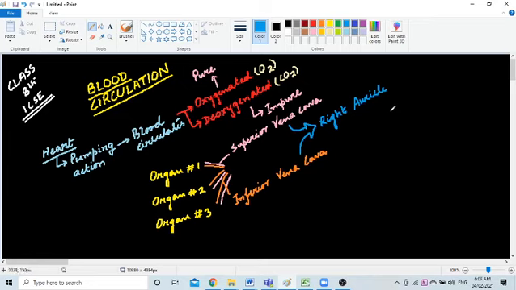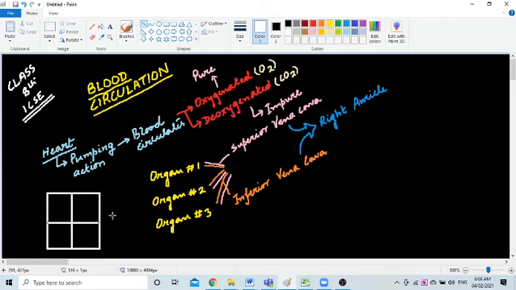Fine. So before I go ahead, let me give you a block diagram of our heart also, so that it will be easy for you to see where this right auricle and ventricle come from. So I'm just making a block diagram here. Heart, which is actually a four-chambered organ.